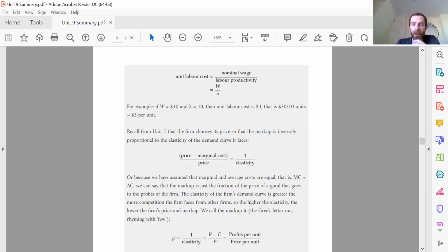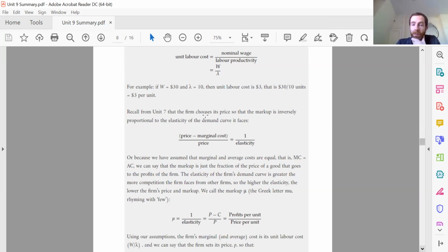The next important thing comes from unit 7, which is how the firm's markup is determined. In unit 7, there's a derivation which shows us that the markup of a firm looks at what proportion of the price is profit. That's what this left-hand side is.